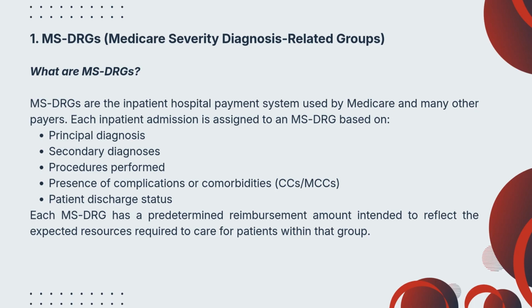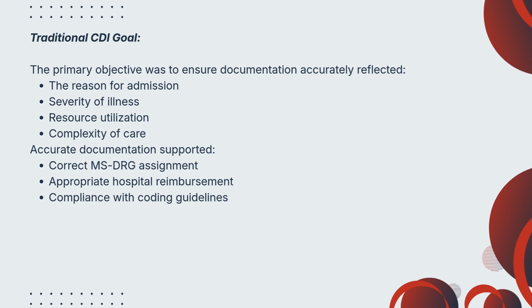Each MSDRG has a predetermined reimbursement amount intended to reflect the expected resources required to care for patients within that group. Traditional CDI goal: the primary objective was to ensure documentation accurately reflected the reason for admission, severity of illness, resource utilization, complexity of care.